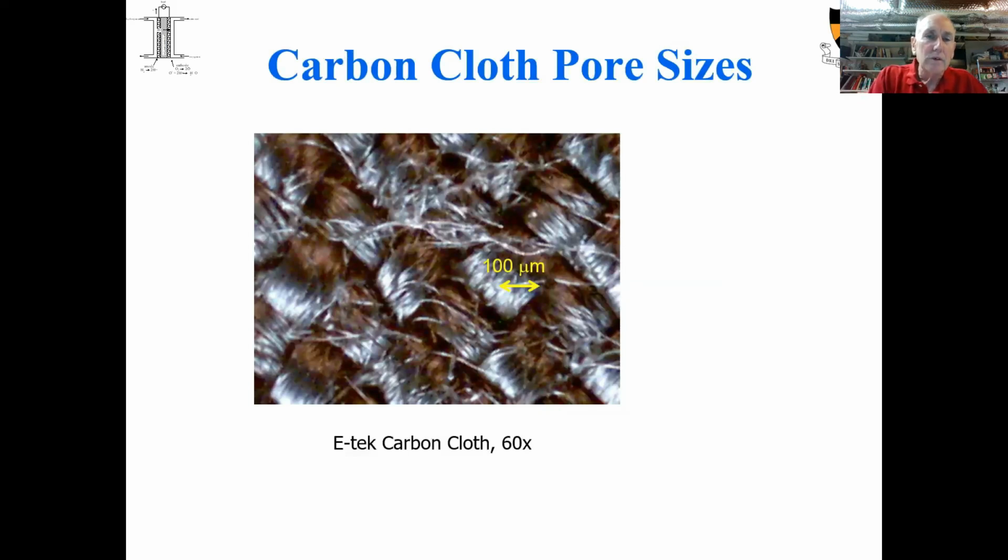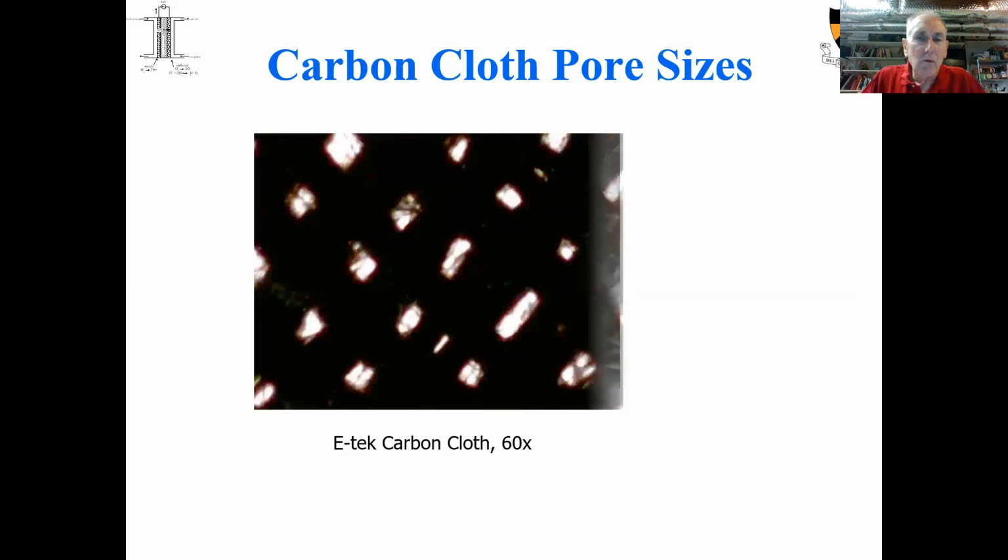This is the porous carbon material, called a porous cloth. It's made by a Japanese company. And if I take this and backlight it, you can see at the intersection of the fiber bundles I have large pores, and that's where the water comes out from. And where it's dark is where you have the small pores, and nothing comes through there.